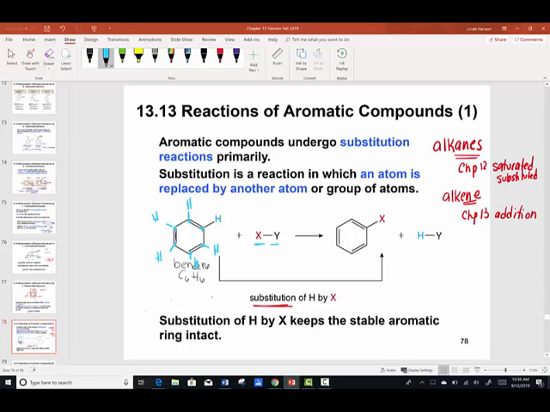So our reactant is a compound where any element X is hooked to any element Y. In this particular case, we're using general letters just to model the pattern. And in a substitution reaction, we take one of the hydrogens and the element written first in our compound, and we just exchange their places. When we exchange their places, we're substituting a different element onto the benzene ring.